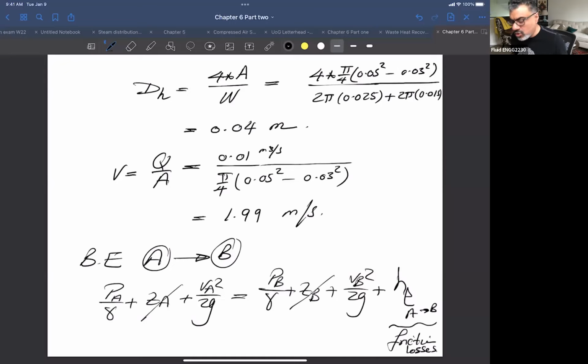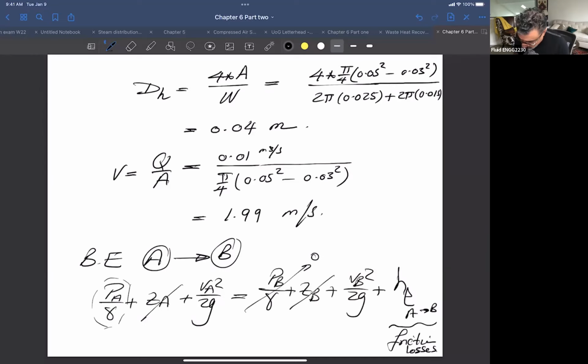So how about the pressure at point B? Zero, right? How about the pressure at point A? It's rho g h, or gamma h.